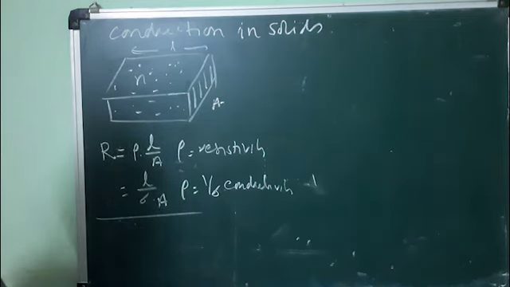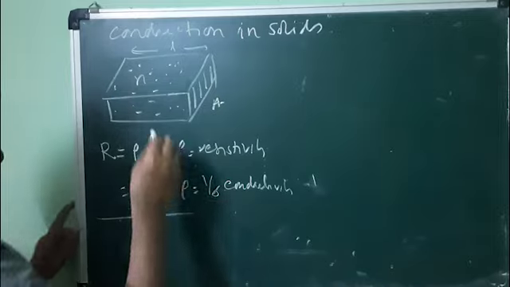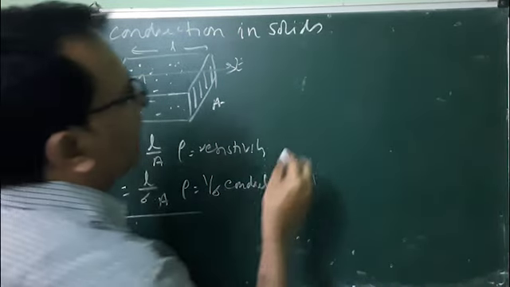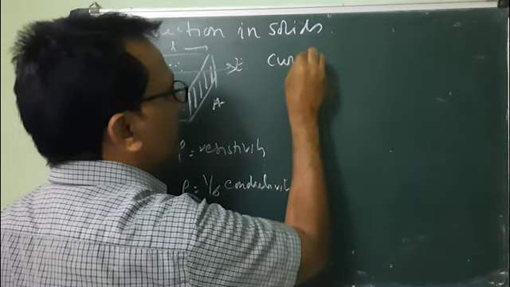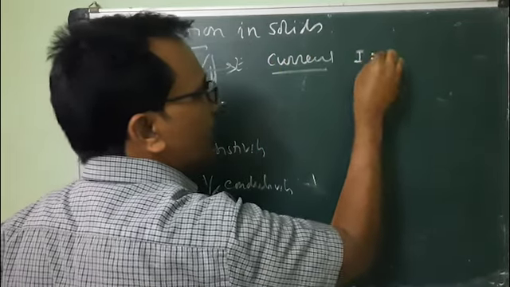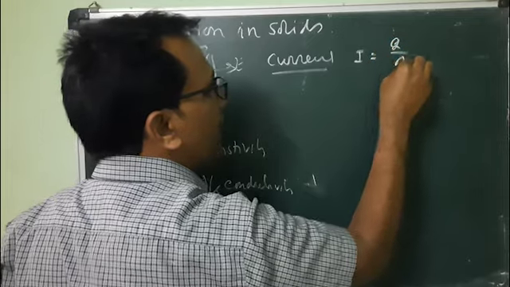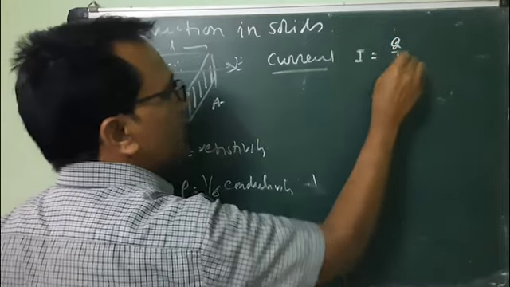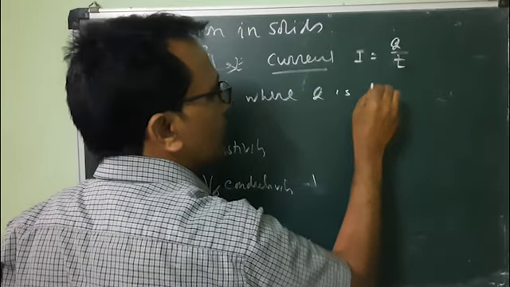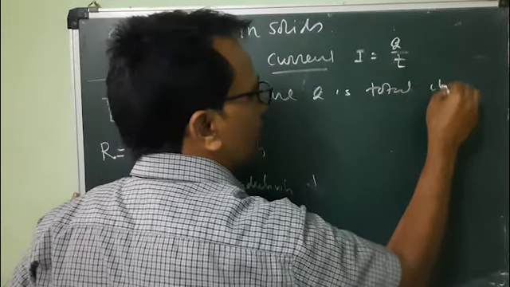Now we will try to calculate the current when an electric field intensity E is applied along this block. The current can be calculated from the basic definition, I = Q by T, where Q is the total charge.